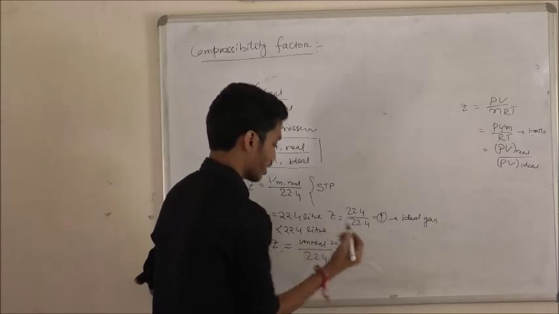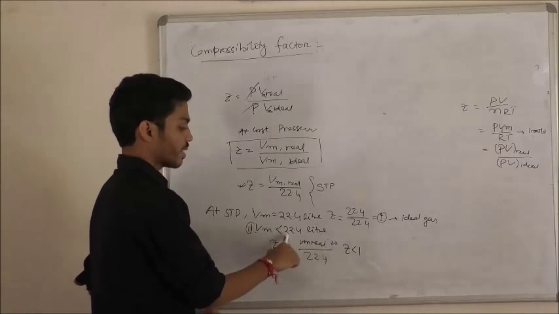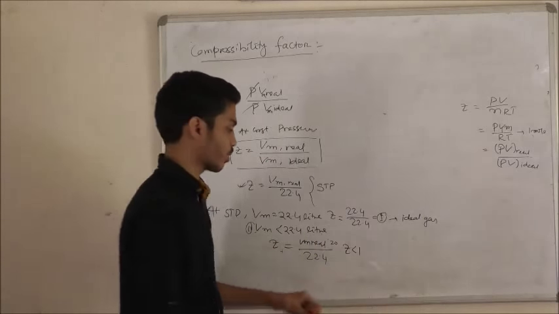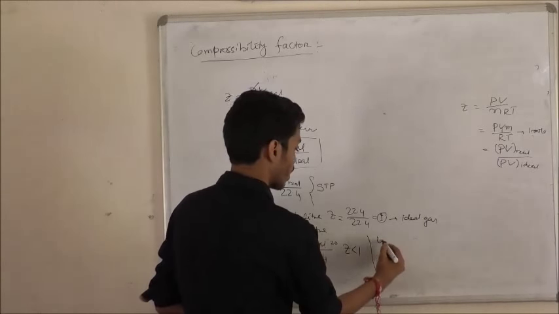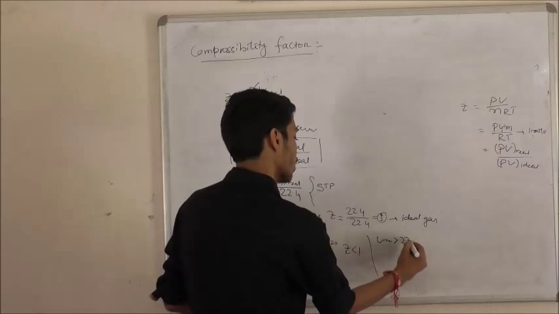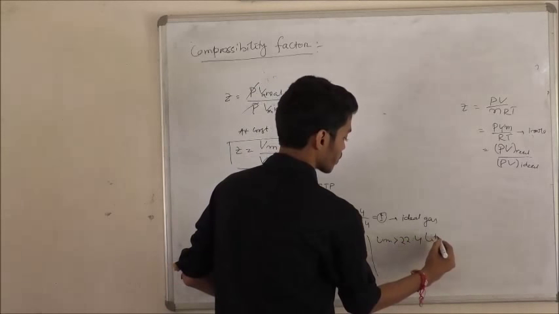So Z will be less than 1. This is the second condition: when Vm is less than 22.4 liter, Z is less than 1. And what happens when Vm is greater than 22.4 liter?